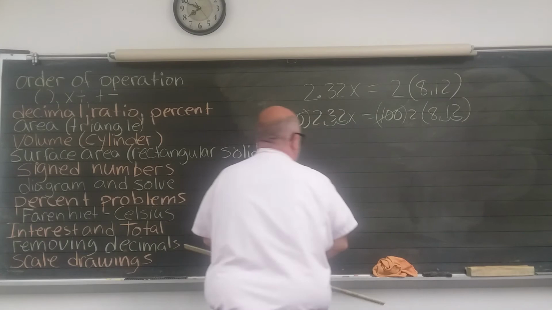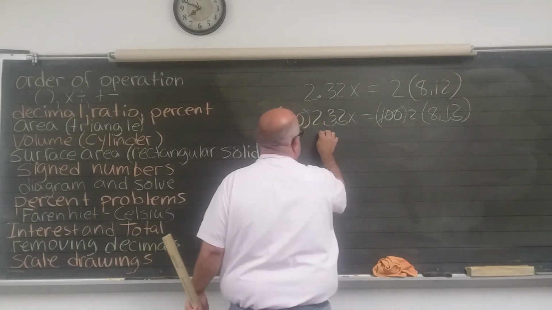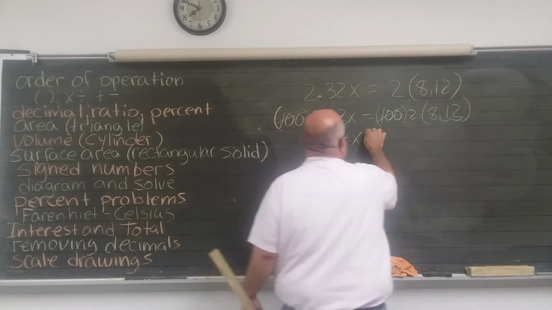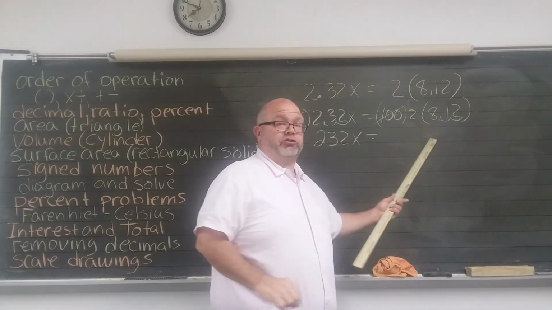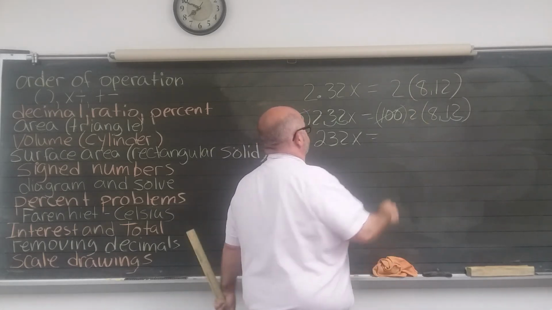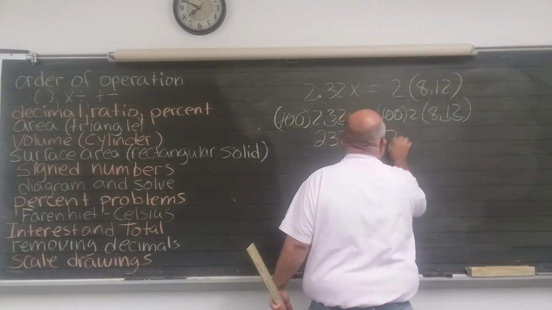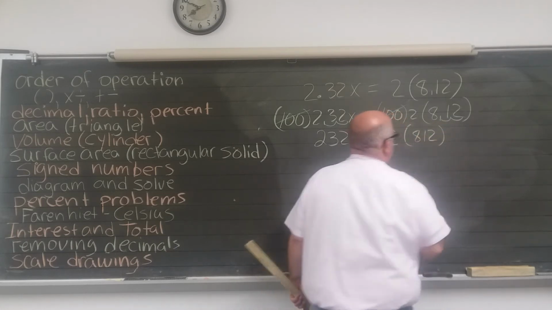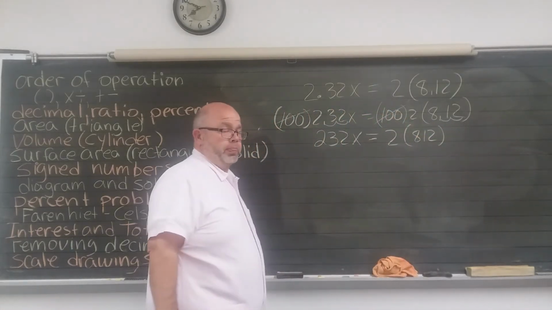So now you have what? 232x equals, you still have this 2. Don't let that 2 disappear. 2 times 812. All right?